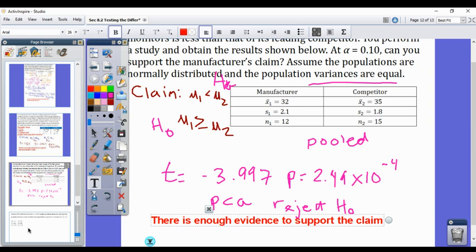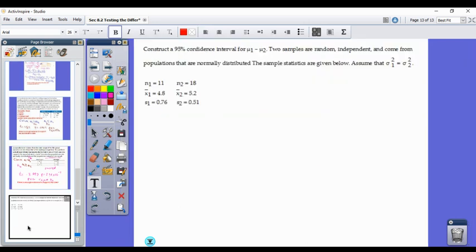Okay. All right, and so there is enough evidence to support the claim. All right. The last thing that we're going to do is we're going to find a confidence interval using this t-test. So again, I'm going to use my calculator for this. So what you're going to do is you're going to hit stat, and then you're going to go over to test.